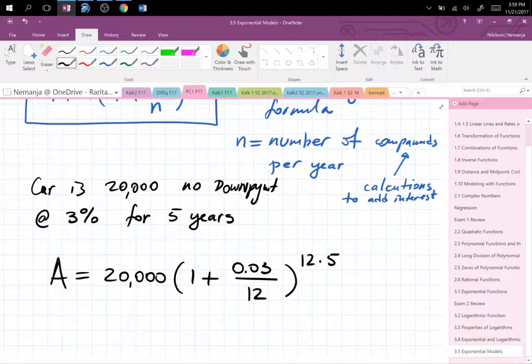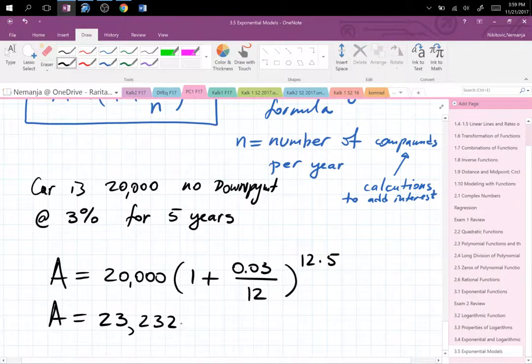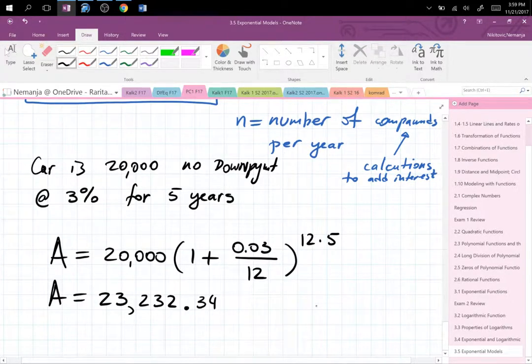So we go with 20K, open parenthesis, 1 plus 0.03 divided by 12, closed parenthesis, caret 60, because you can do 5 times 12 in your head. And you get the amount that you owe. So A is equal to $23,232.34. That's what you owe back.